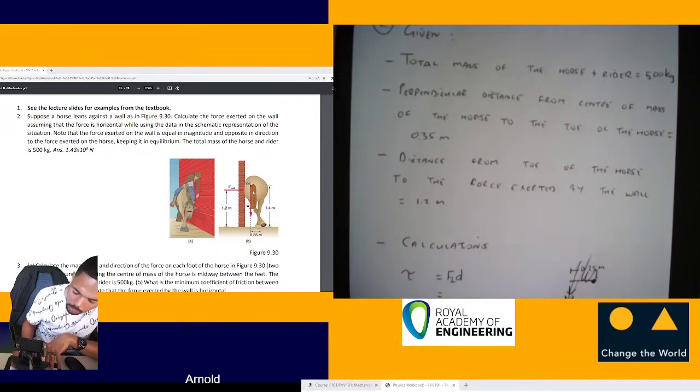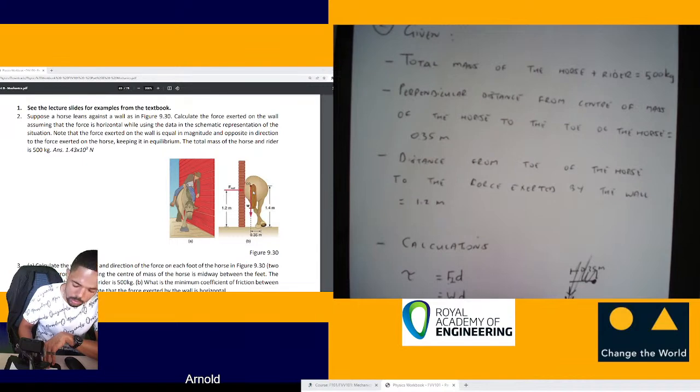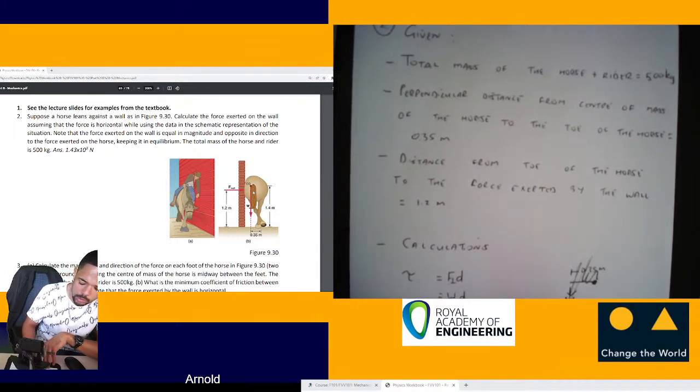So torque, the perpendicular component of the force, is nothing but the weight times the distance it's acting. The weight in this case is going to be 500 kilograms multiplied by 9.81 multiplied by the distance it's acting at, 0.35, and that is going to give you a torque of 1715 Newton meters.